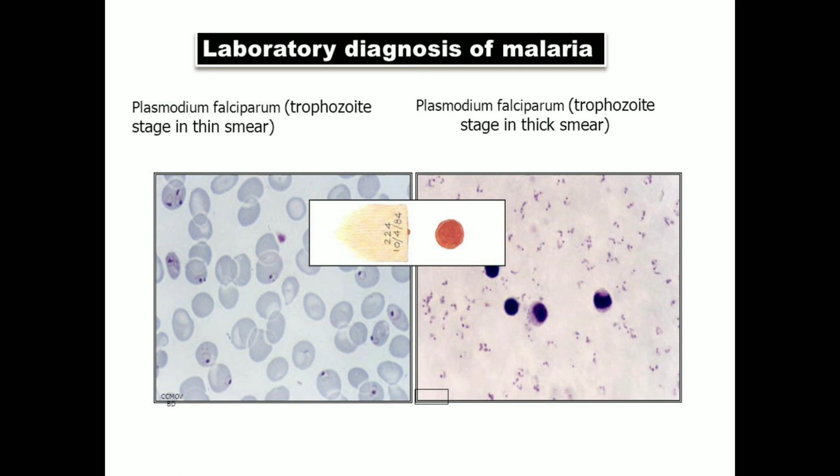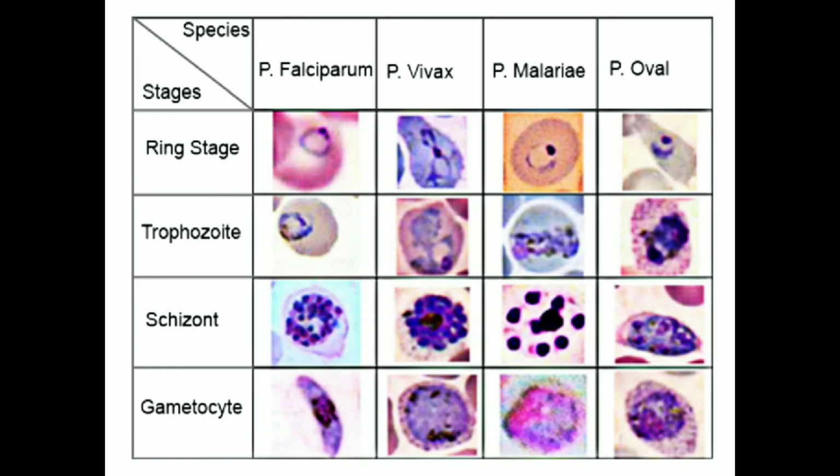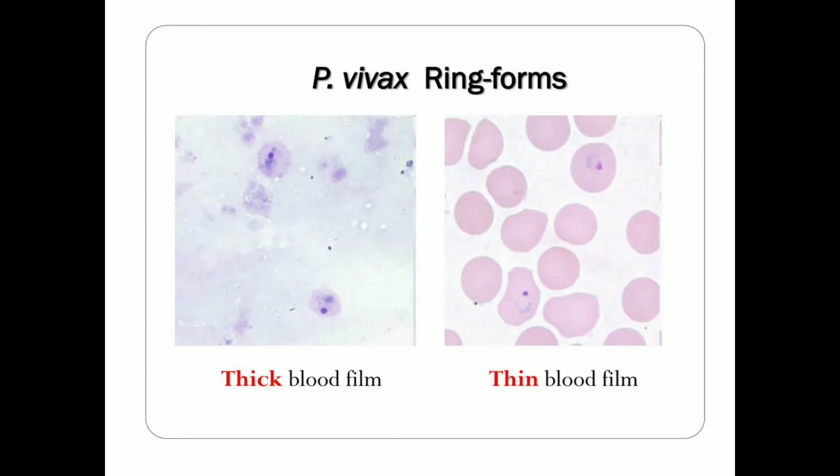What are the parasites mostly found in the peripheral blood film? In case of protozoa, it will be Plasmodium species, Babesia species, Leishmania species, and Trypanosoma species.